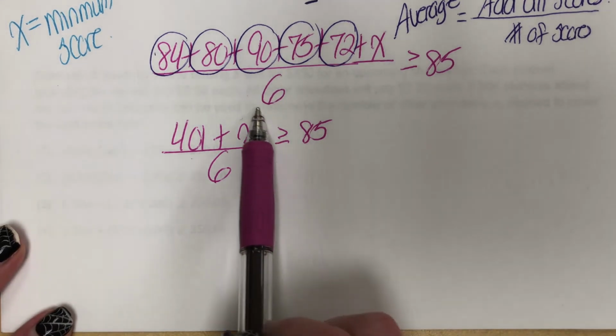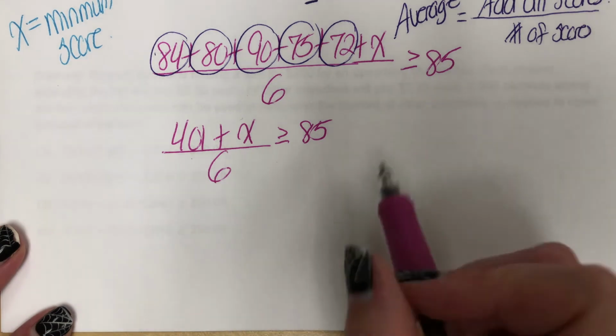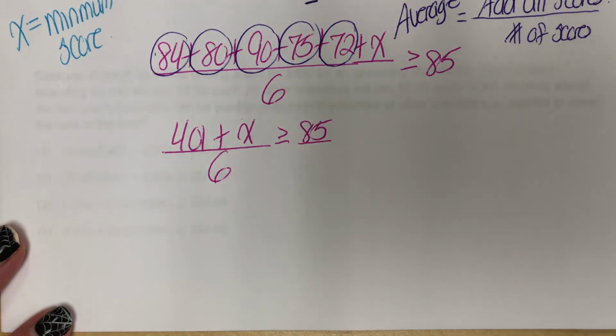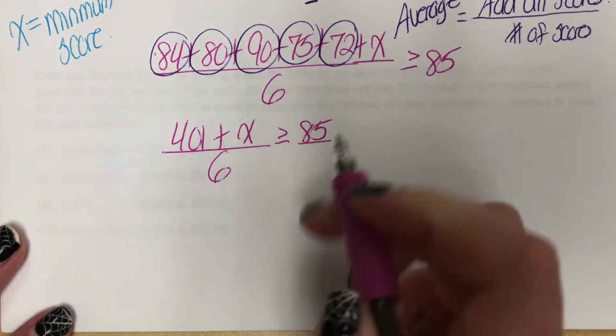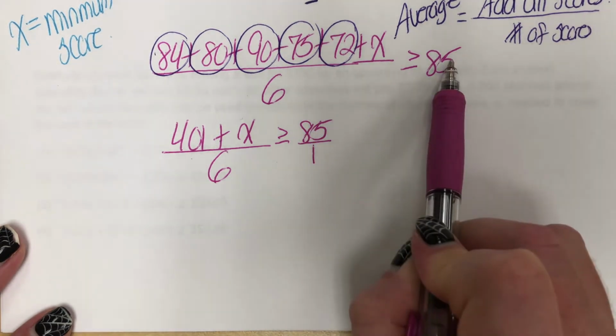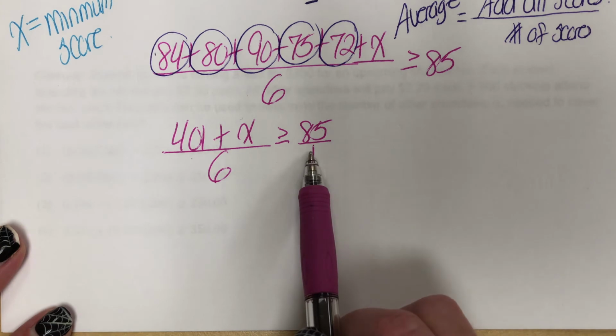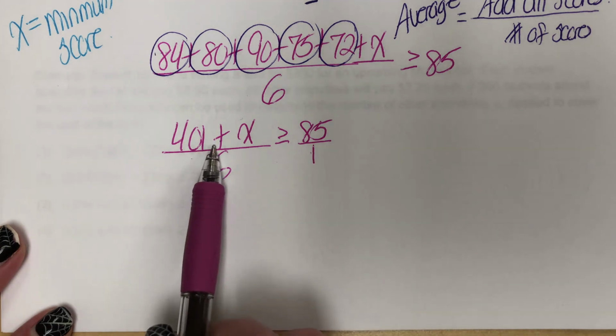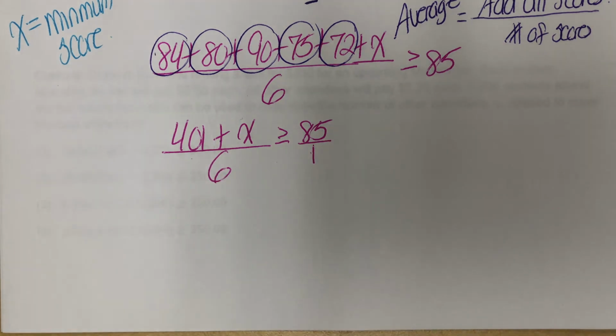Now, this is a 7th grade topic. If you have a fraction on the left, that means I want to make a fraction on the right. I know that I can put any number over 1, because 85 divided by 1 is 85. These are equal. When I have a fraction on one side and a fraction on the other, who remembers? Throwback question. Who remembers what that's called?